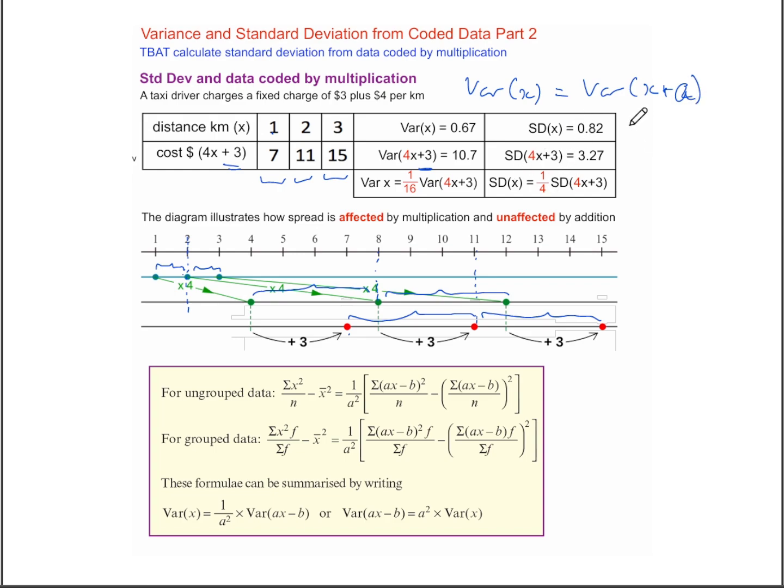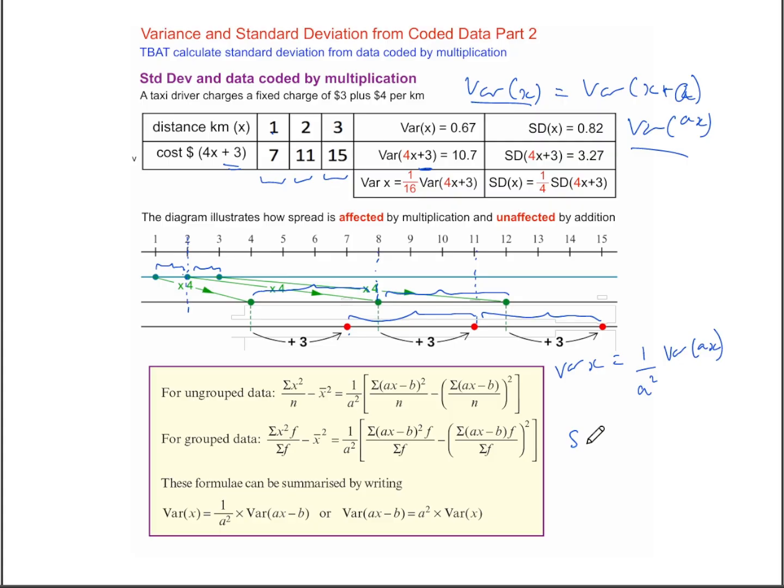But when you look at the variance of ax, these are not going to be equal to each other. How are they related? The variance of x will equal 1 over a squared times the variance of ax. Meaning you divide the variance of ax by the square of the constant that's multiplied to it.